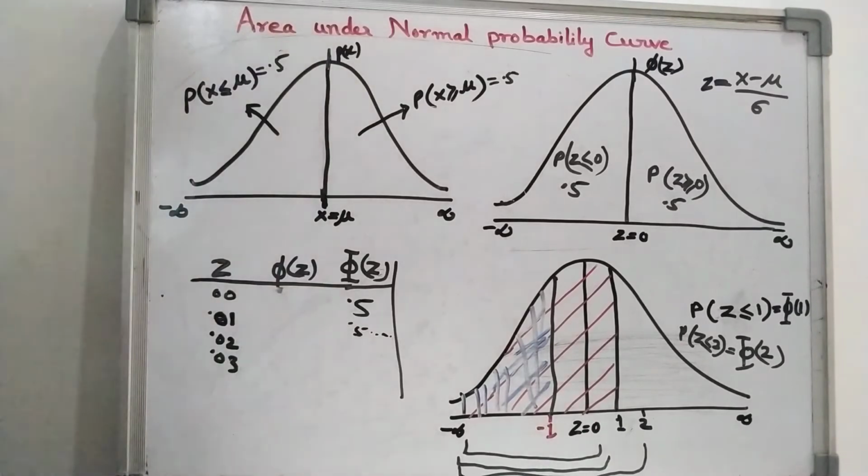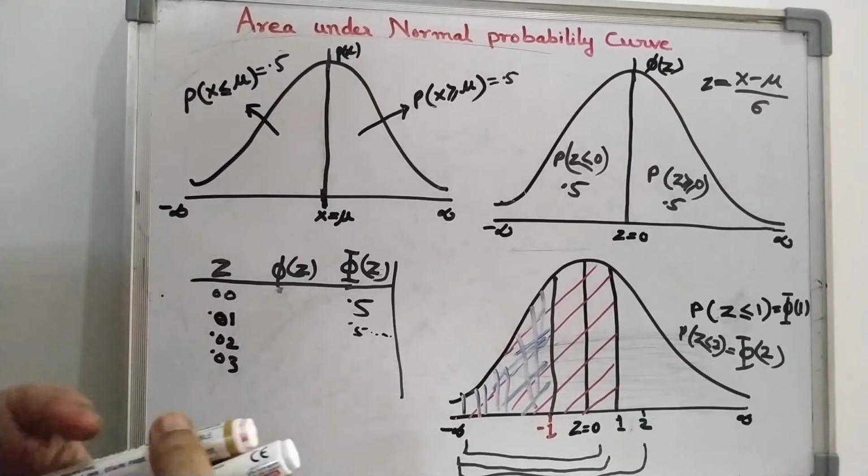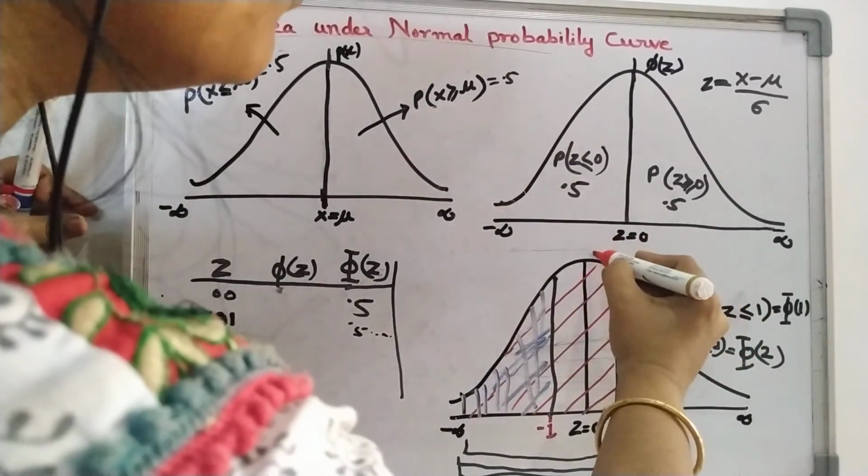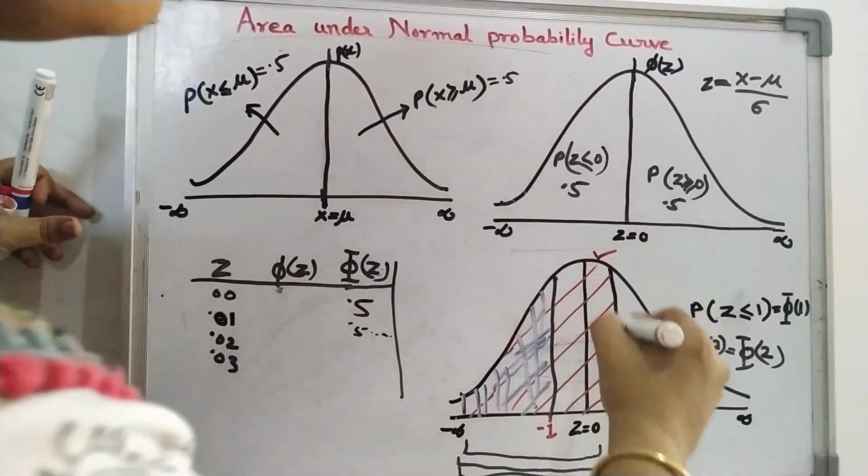As we know the area from minus infinity to 1, from that area we subtract 0.5, that is, we subtract the area from minus infinity to 0. Then you get the area of this part.